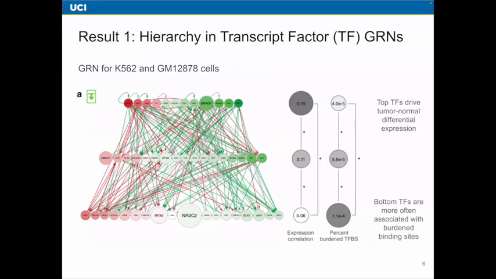The upper level of this hierarchy represents the top tier TFs, which are crucial as they indicate the difference in gene expression between healthy and tumor cells. On the other hand, the bottom tier TFs, although lower in the hierarchy, are involved in numerous binding interactions, underscoring their substantial roles in gene regulation. This hierarchy is vital for understanding how genes are controlled in varying cellular states.